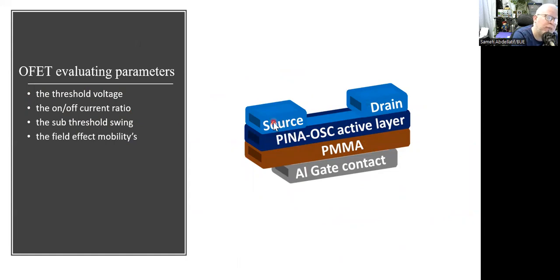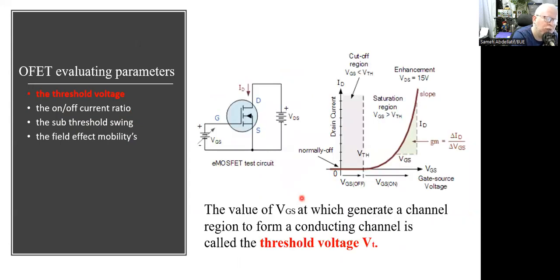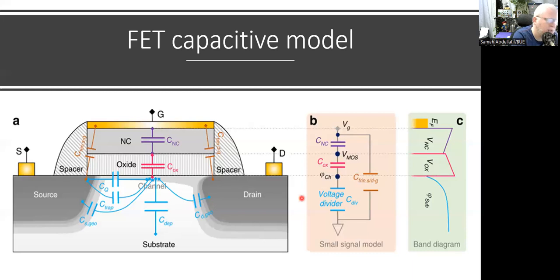For example, here we have a metal semiconductor junction. Here we have a metal semiconductor junction. Here we have an oxide layer between two conductors, and so on. So you can build your capacitance model for your FET or any other transistors based on this knowledge.